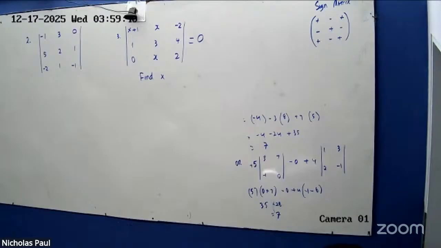I will find the determinant of number 2 and then number 3, I do the reverse. I told you the determinant is 0. You have to find first.